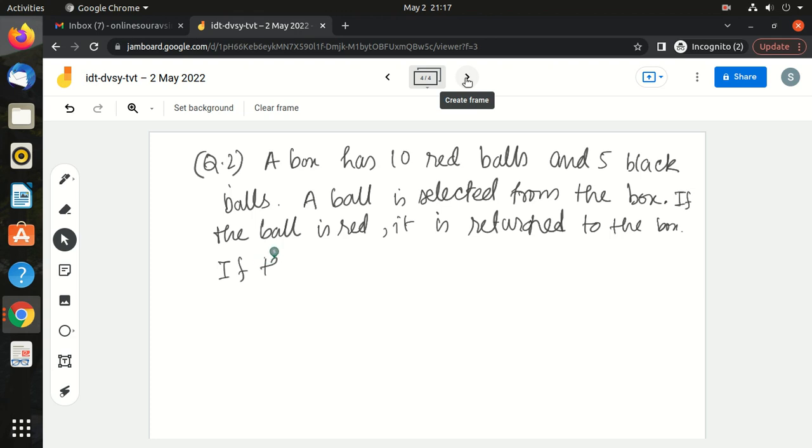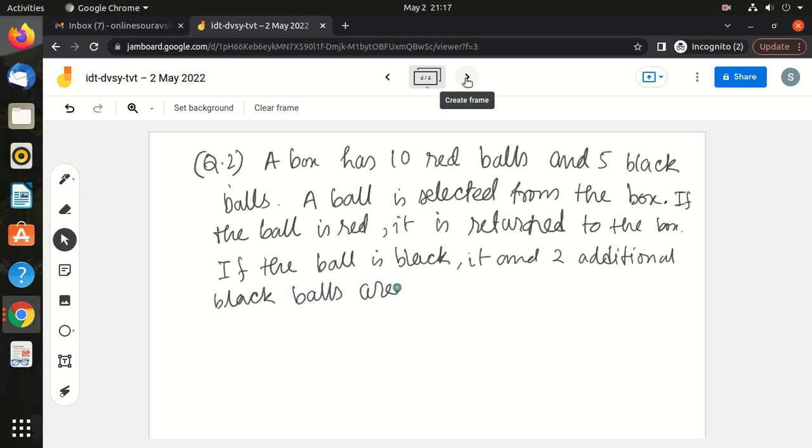If the ball is black, it and two additional black balls are added to the box.